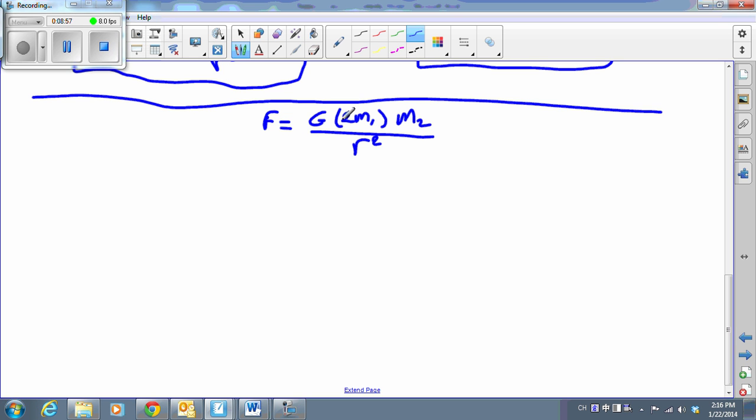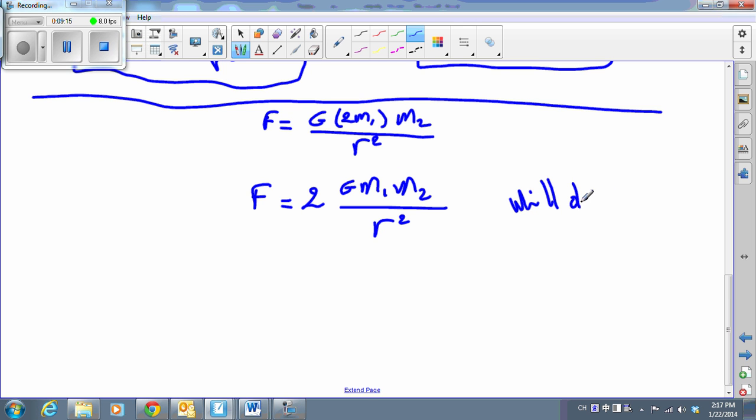Now at this point, I will have an extra 2 here, so F is equal to 2 times G M1 M2 over R squared. In other words, doubling M1 will double F.